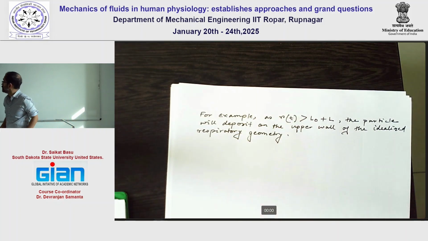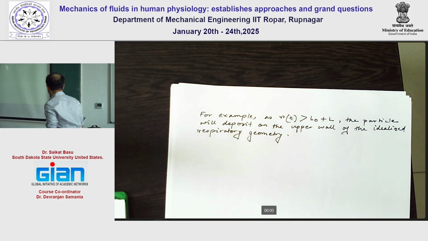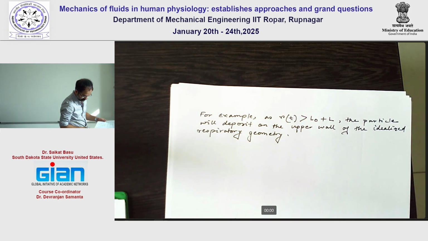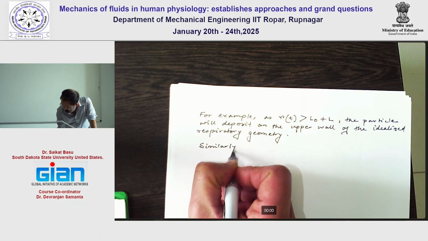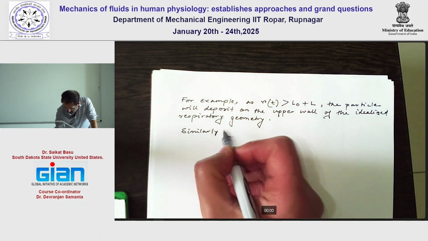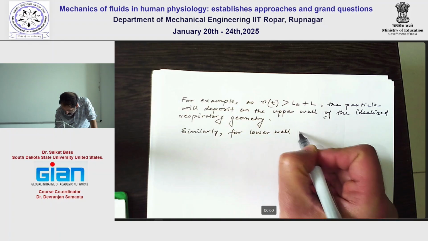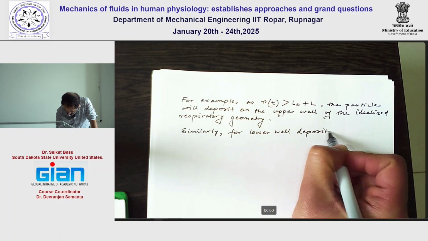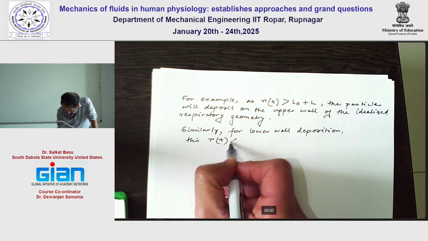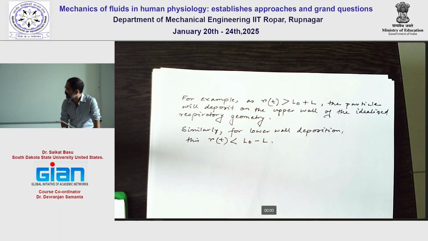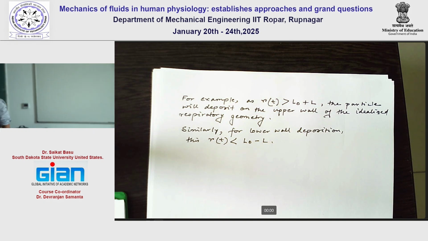Right? But that is not all. It can also deposit on the lower wall. So L0 minus L is also a valid criterion. So let me write that down as well. So similarly, for lower wall deposition, this RT would be less than L0 minus L. You can think of this as greater than or equal to and less than or equal to as well.